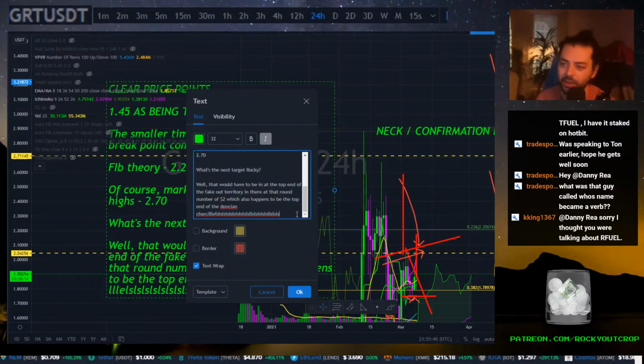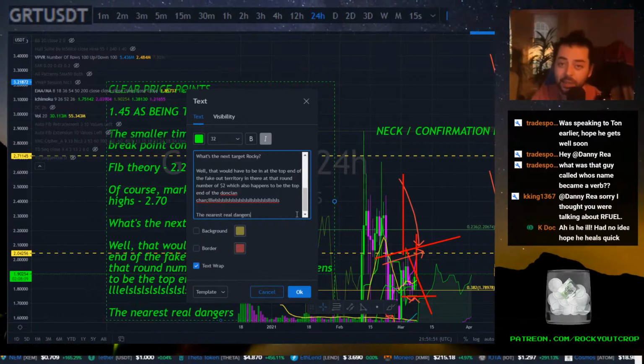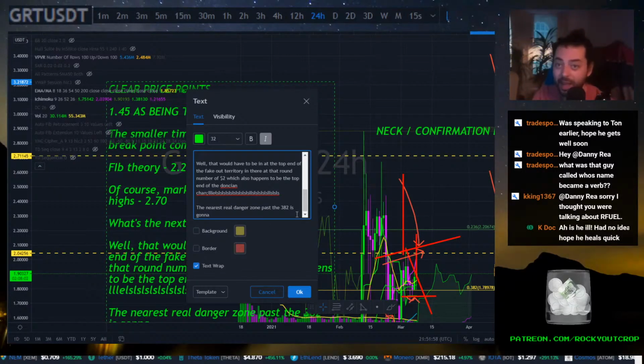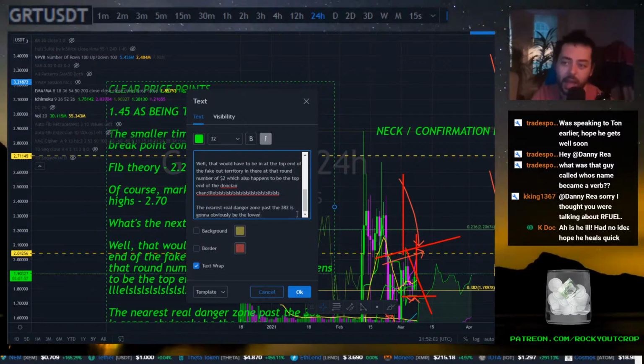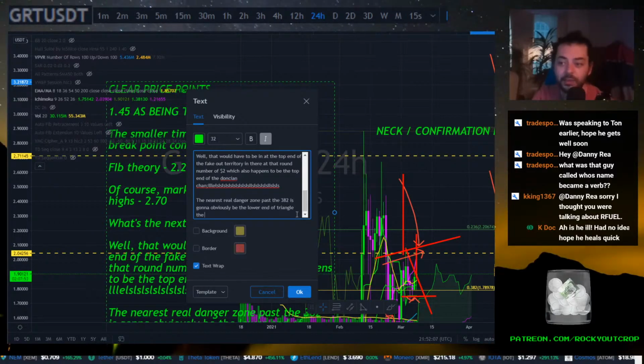If we are looking down the way at the minute, the nearest real danger zone past the 382 is going to be the lower end of that ascending triangle and the cloud, the itchy and scratchy cloud. So that's the obvious significant area, which equals $1.70.